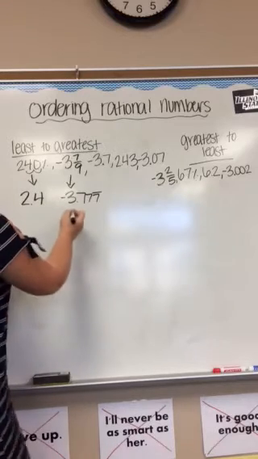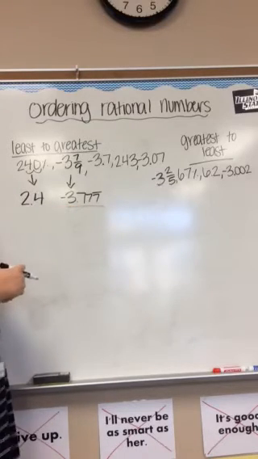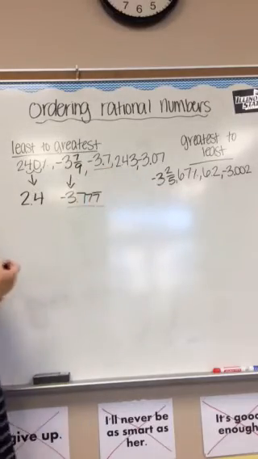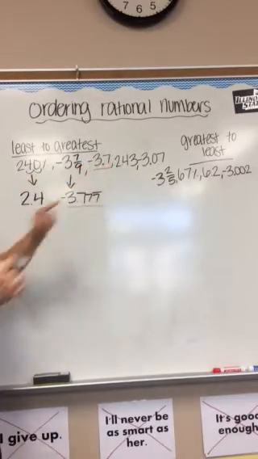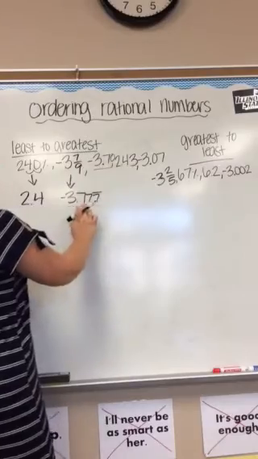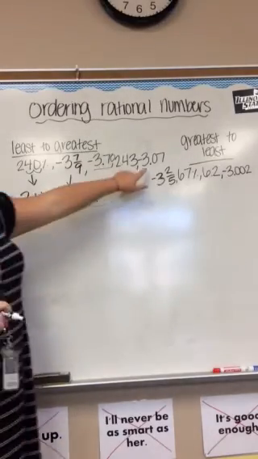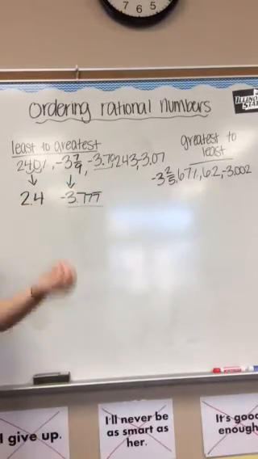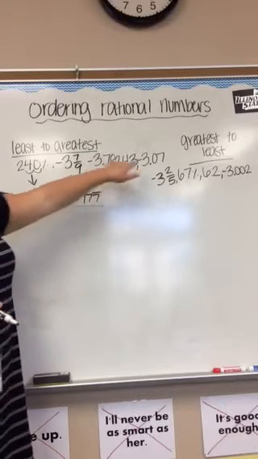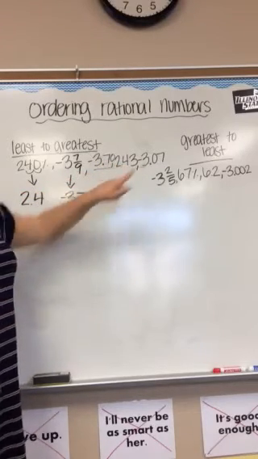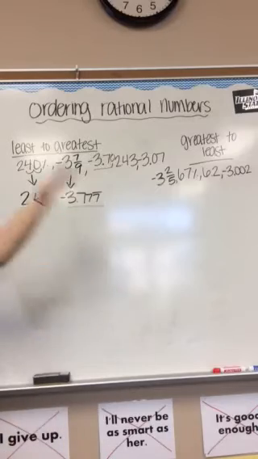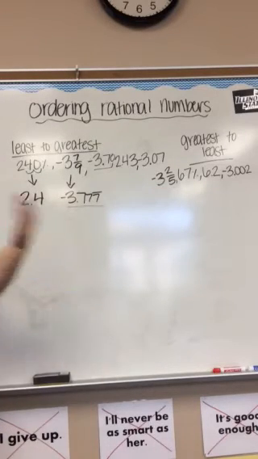So I have negative 3.7 repeating. I have negative 3.7. Remember, after that 7 is a 0. After this 7 was another 7. Then we have negative 3.07. So let's think about which of those 3 negative numbers is going to be farthest from 0, our smallest number.